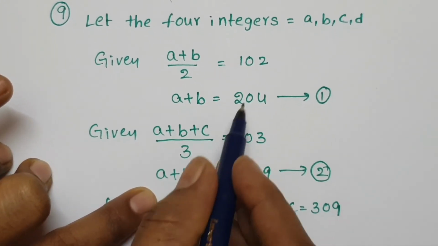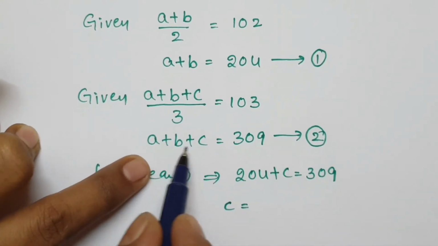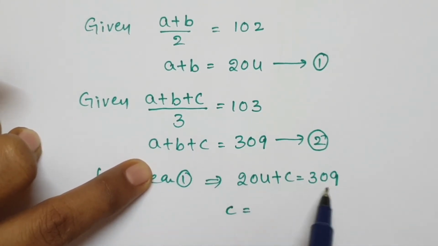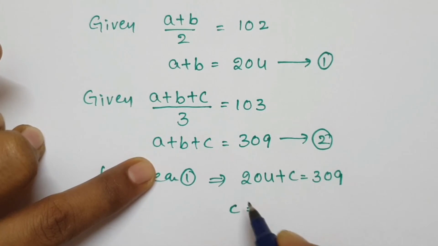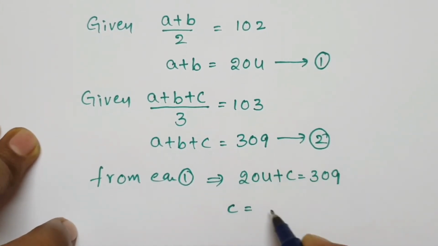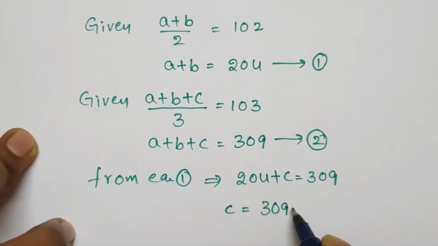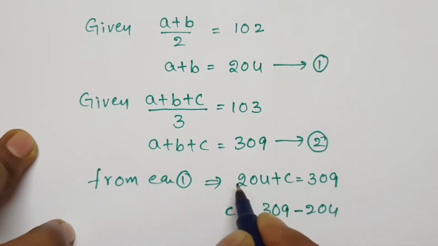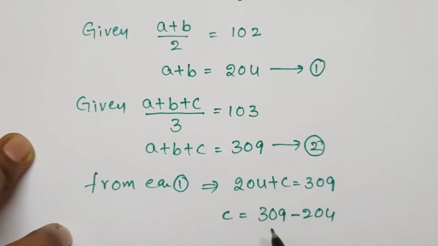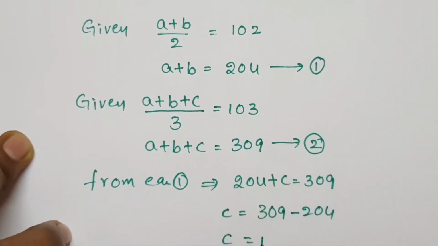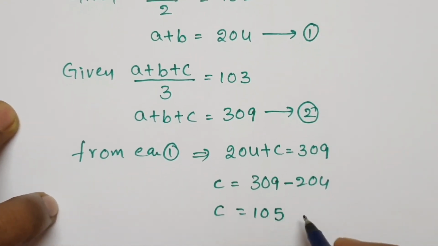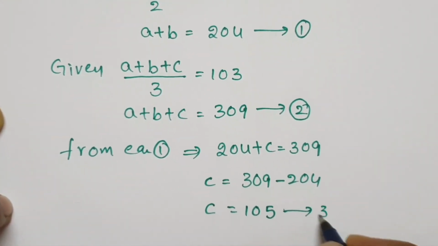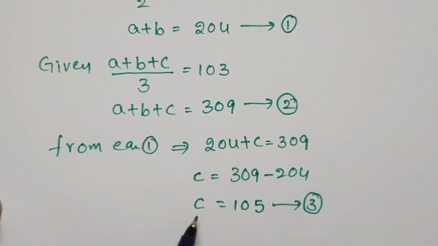Now c equals 309 minus 204. Here plus is there, sent to that side, it changes to minus. Now c value is 105. This is equation number 3, take the c value.